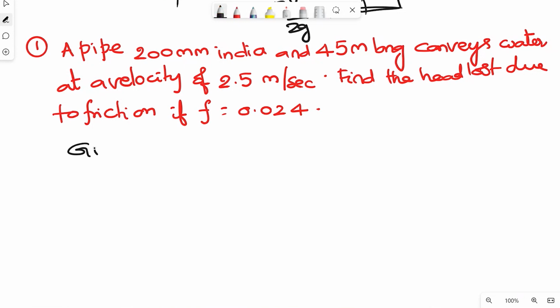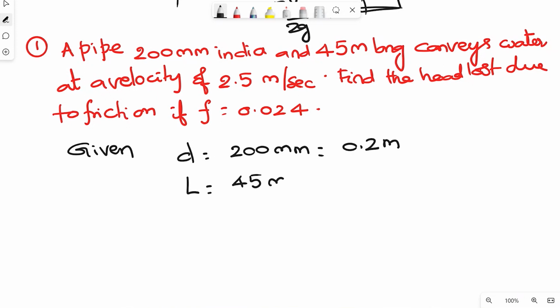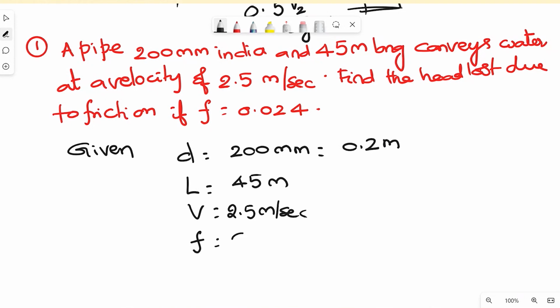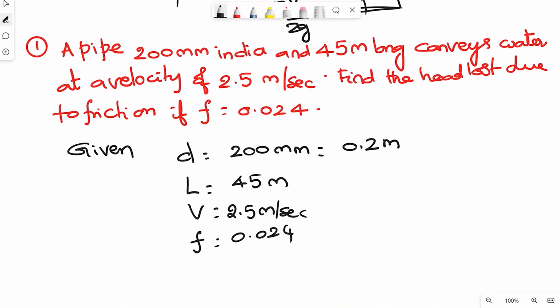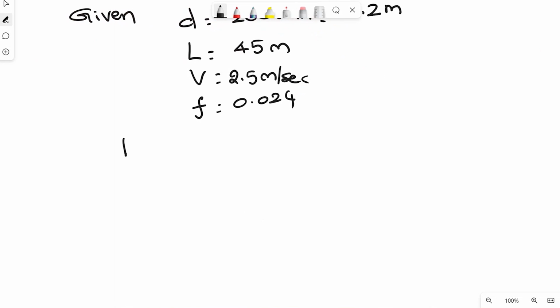What are the given things? D is equal to 200 mm, so it is equal to 0.2 meters. L is equal to 45 meters. V is equal to 2.5 meters per second. F is equal to 0.024. Use the equation hf is equal to FLV squared by 2gD.